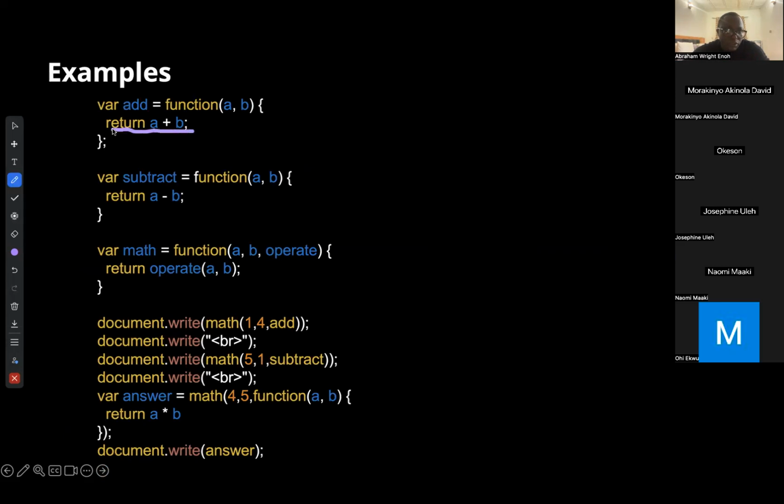But notwithstanding, there is something I need to point out here. We told you that a function could be called multiple times. This is one calling for the addition, one for the subtraction, or one for the math operation, and this is a general calling.